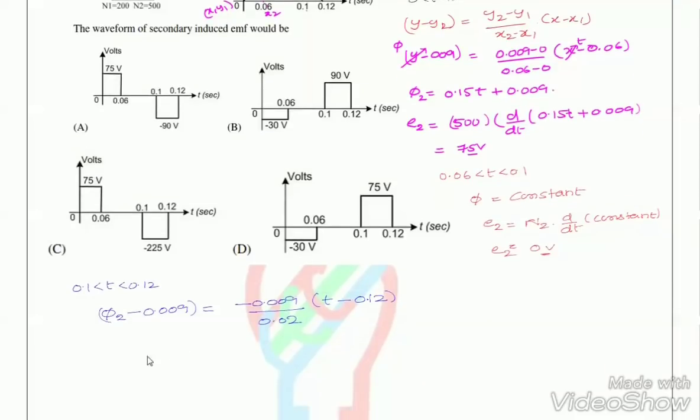From this, finally, phi 2 is equal to minus 0.9 divided by 2 into t plus 0.12 into 0.9 divided by 2.